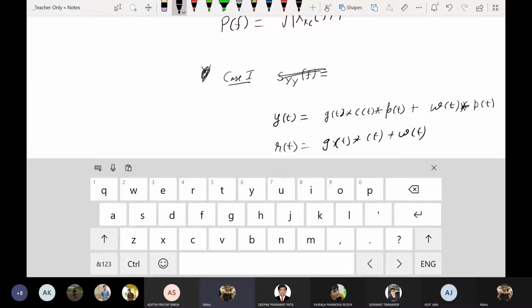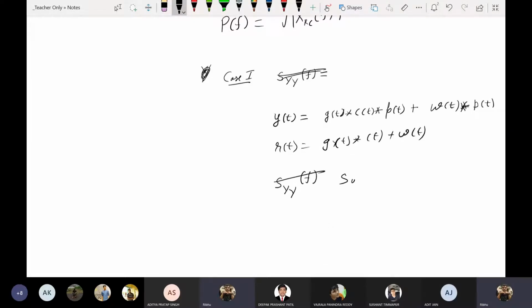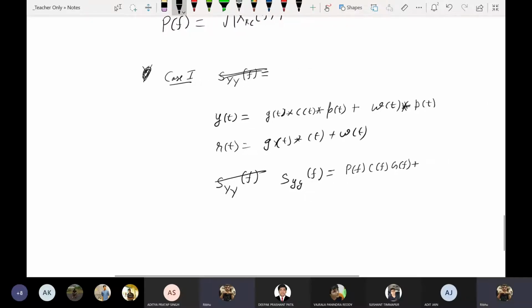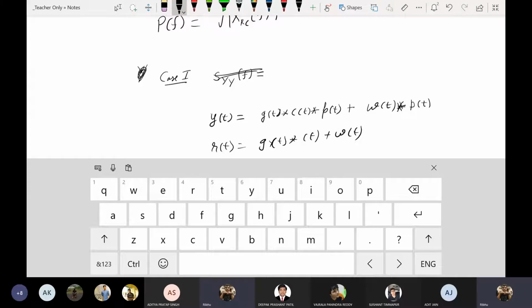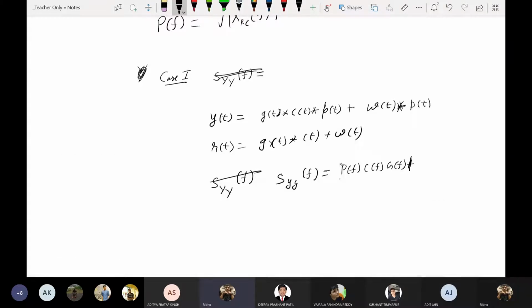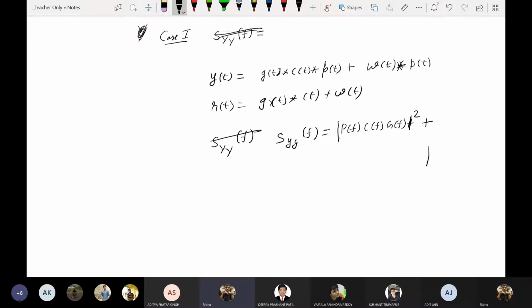Now SYY of F, or rather small y, actually it should be SYY(F) equals the magnitude of PF CF GF, whole square, plus N naught by 2 times, right?